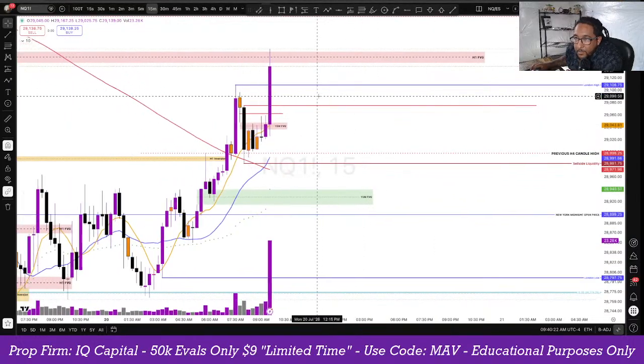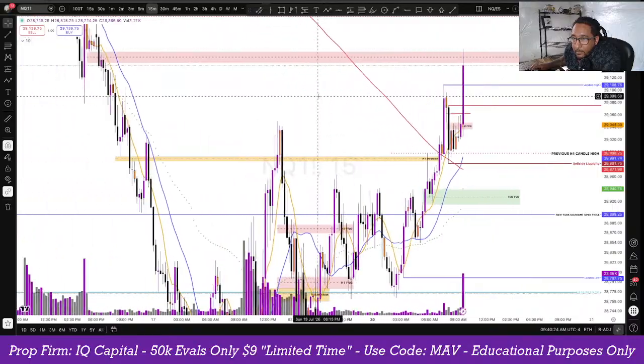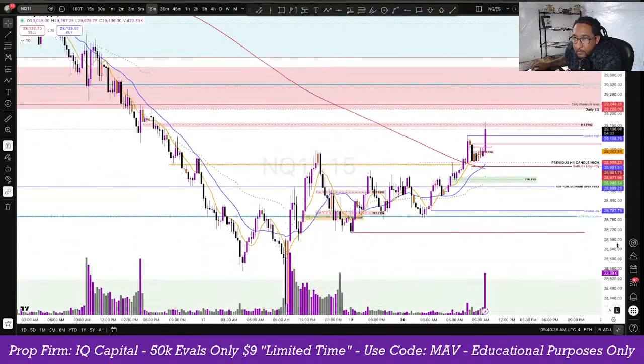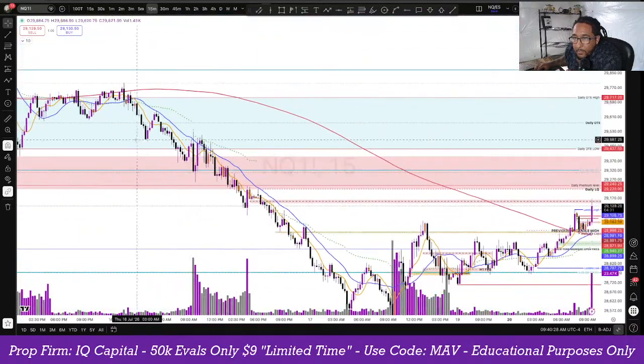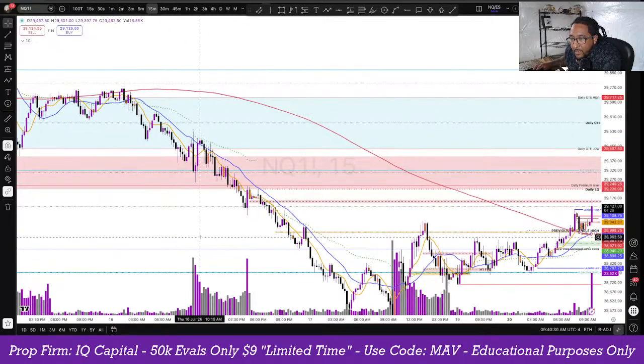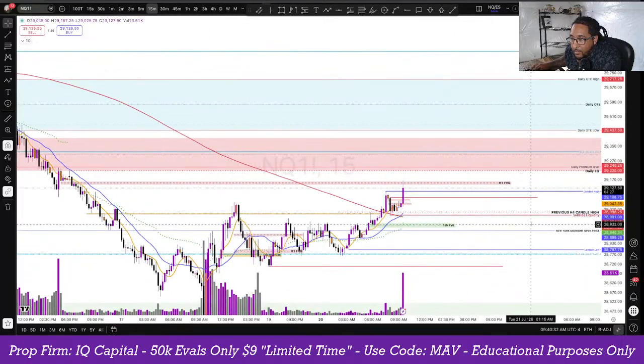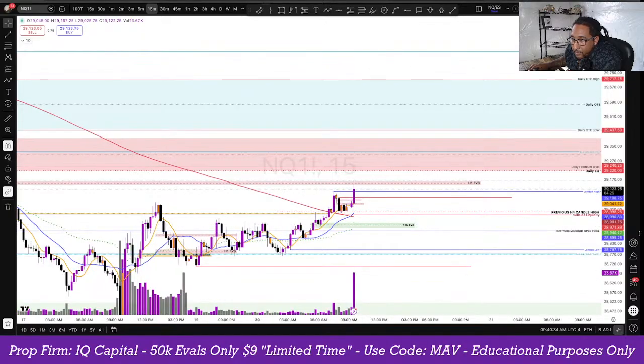Got about 4 minutes left on this 15-minute. We have a nice trend line liquidity all the way up to these highs here. So let's see what price wants to do.